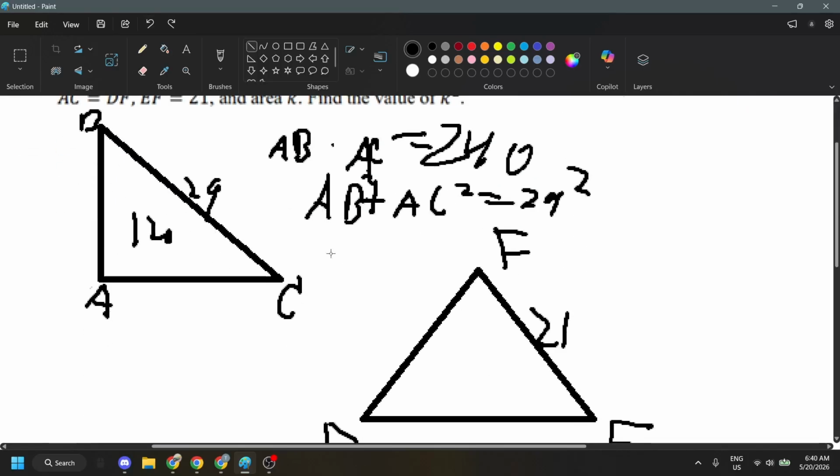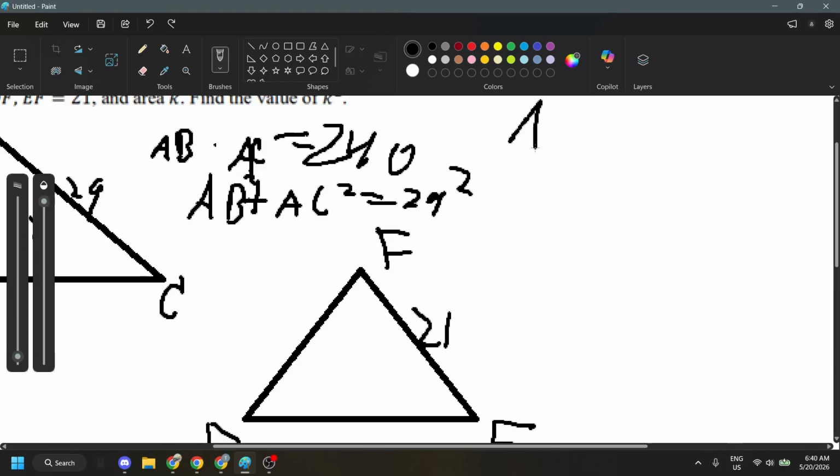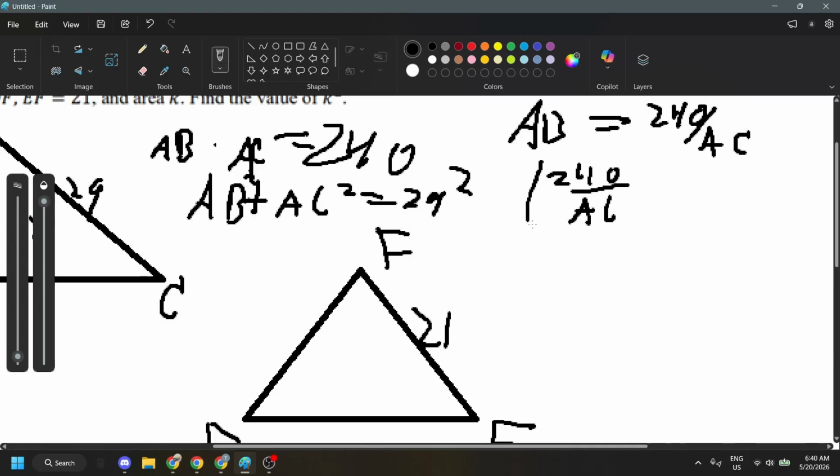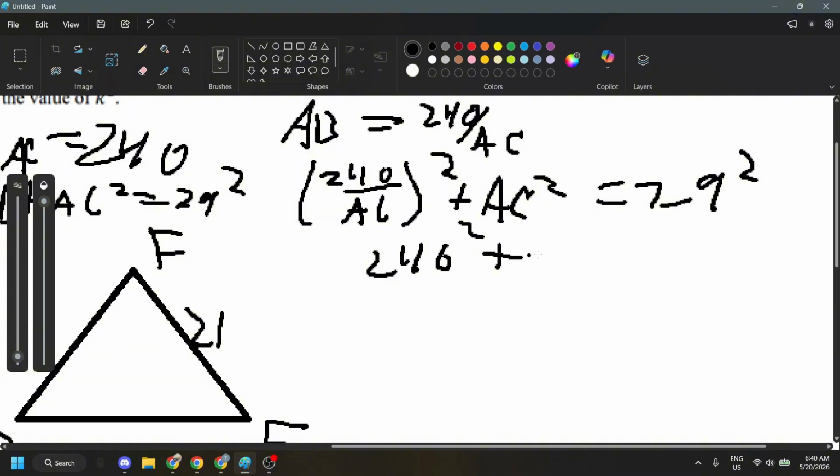Okay, so let's just find these two side lengths. We know AB is going to be equal to 240 over AC. So 240 over AC, squared, plus AC squared is equal to 29 squared.